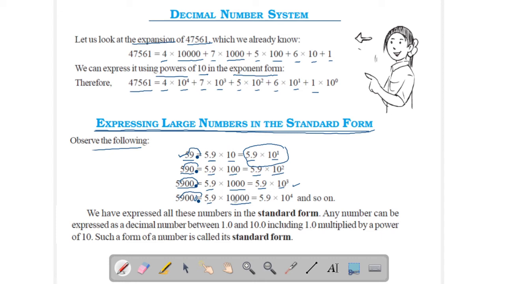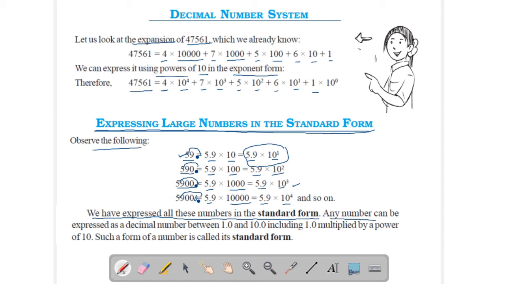And again write 10,000 in exponential form. So this can be written as 5.9 into 10 raised power 4, because it has 4 zeros. 59,000 can be written as 5.9 into 10 raised power 4. This is called standard form, and so on. Here we have expressed all these numbers in the standard form.